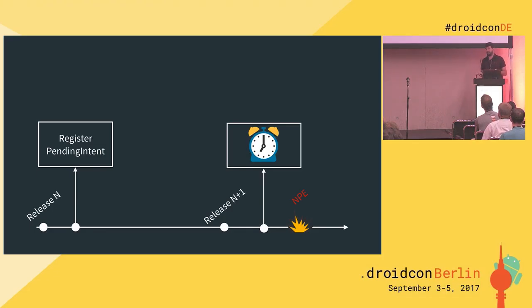And that's true, in fact. If you look at the N+1 application, it cannot happen. You register the good pending intent for the right activity with the right extra. But since the pending intent survives app upgrade, you still have the old one with extra 1. So when you look for extra 2, it's empty, and then you crash.